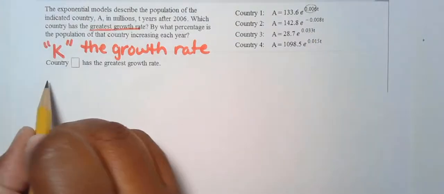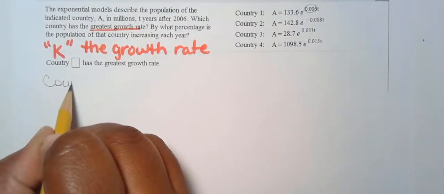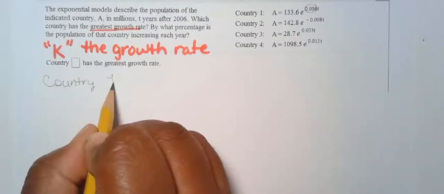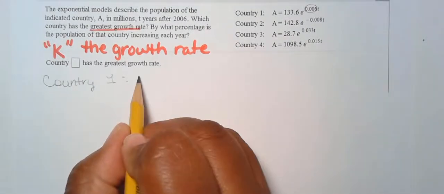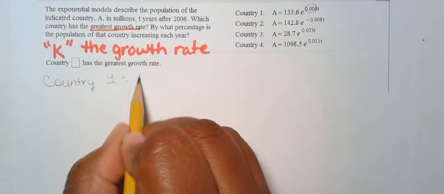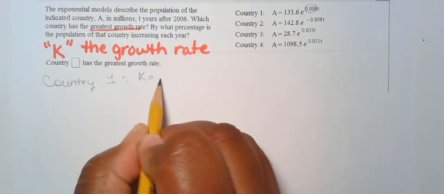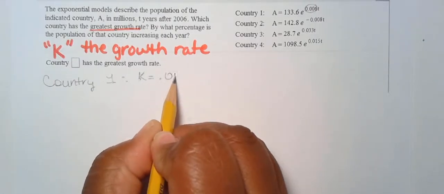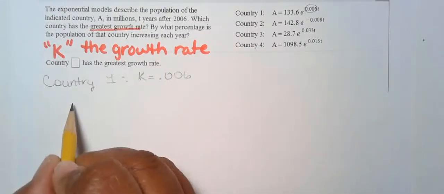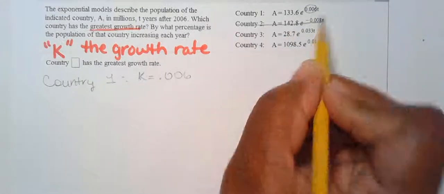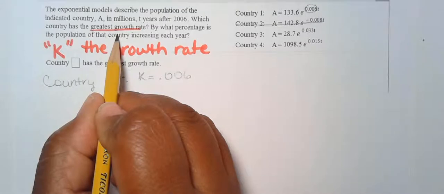So for country 1, k is 0.006. Country 2, we can omit because it's asking us to find the growth rate.